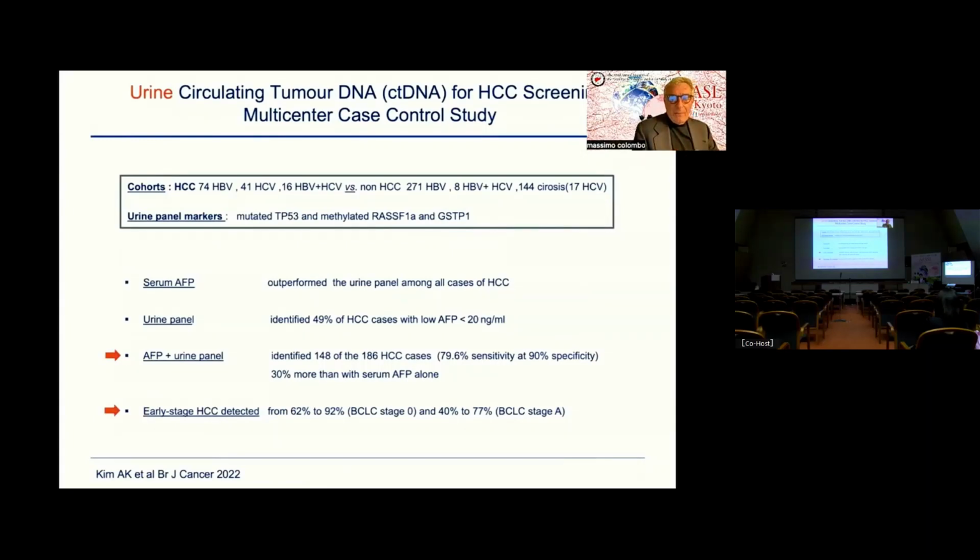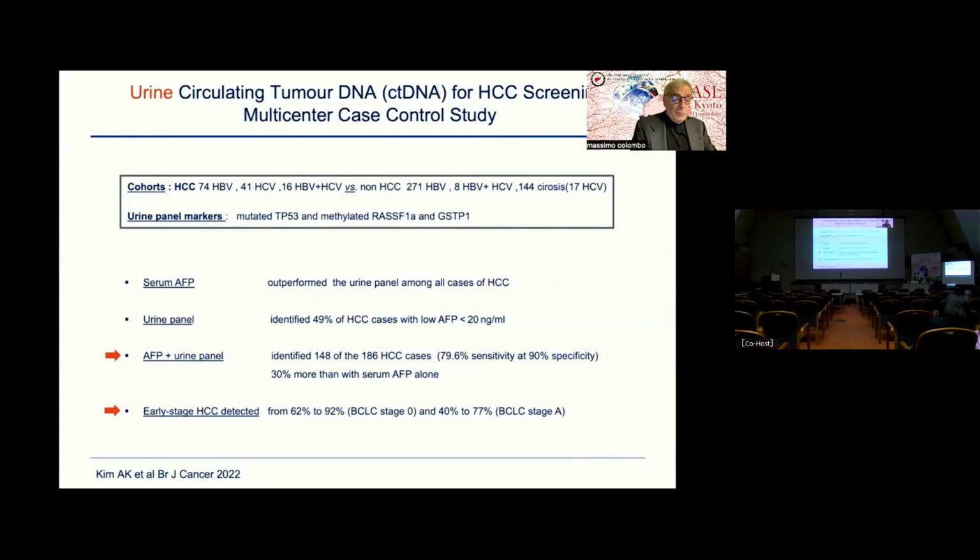Using this approach in patients with cirrhosis and various etiologies of liver disease, the urine panel itself was surpassed by serum alpha-fetoprotein in terms of sensitivity, definitely. But the urine panel was able to identify half of the tumors that were not detected by alpha-fetoprotein.